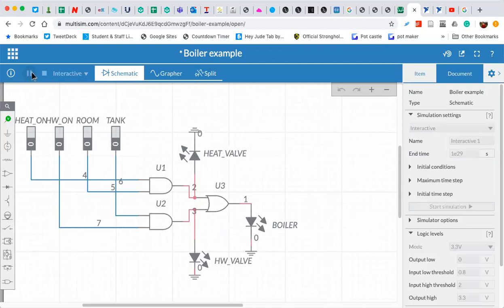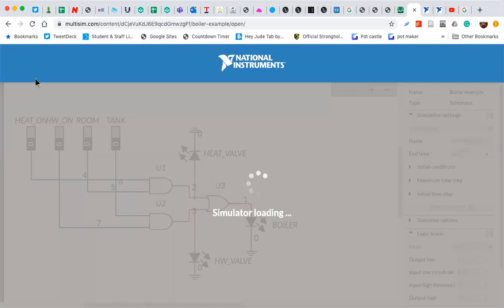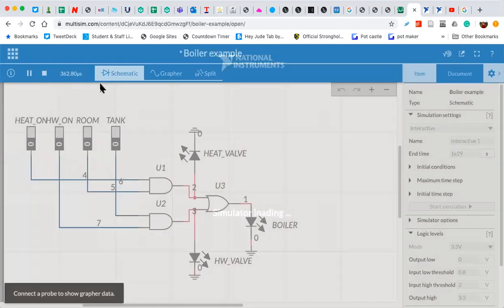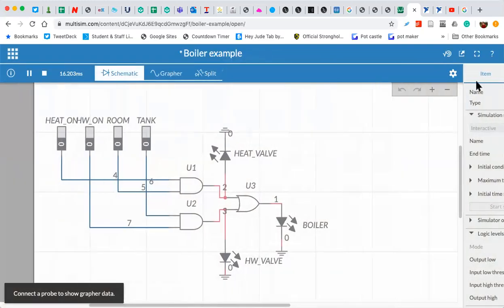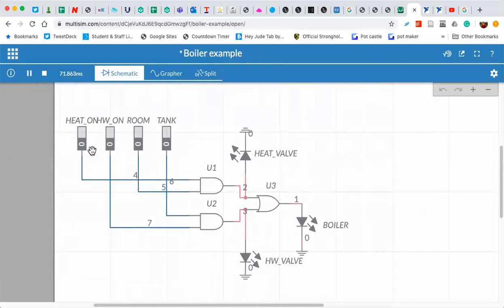So if I run that with all the switches off, we don't get any outputs. If I turn the heating on and I turn the room stat on, I get the boiler and the heating valve turn on, and the tank doesn't make any difference.